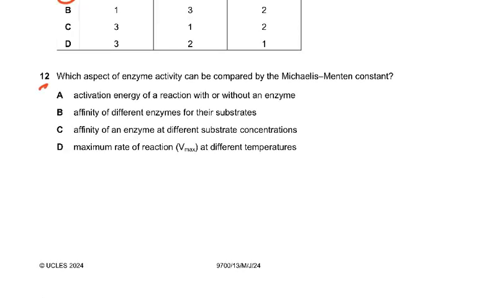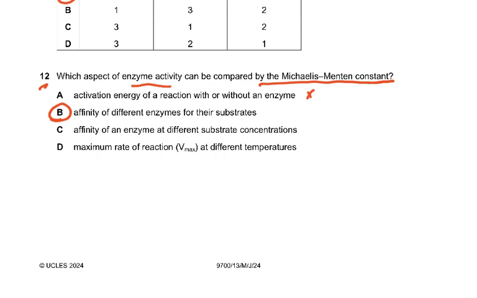Question number 12. Which aspect of enzyme activity can be compared by the Michaelis-Menten constant, which is shown as Km? Activation energy of a reaction with a no. Affinity of different enzymes for their substrates. Yes. Higher the Km, lower the affinity.